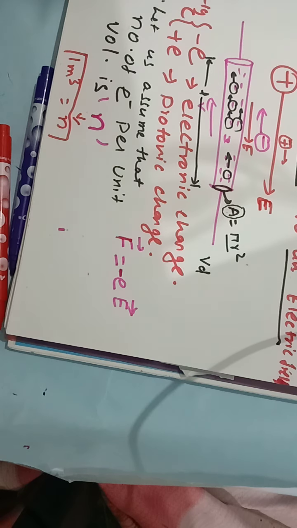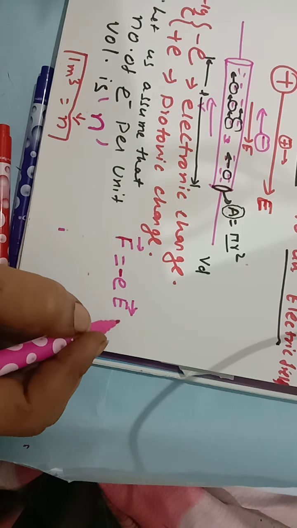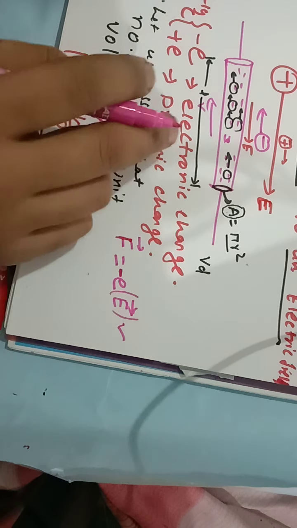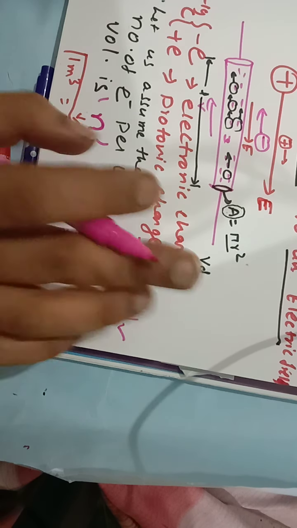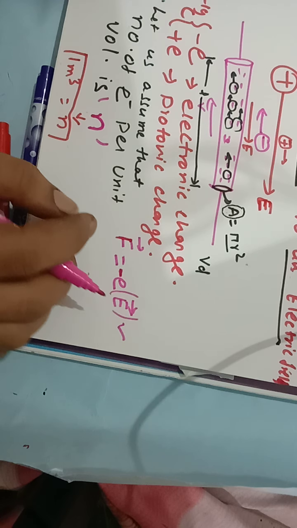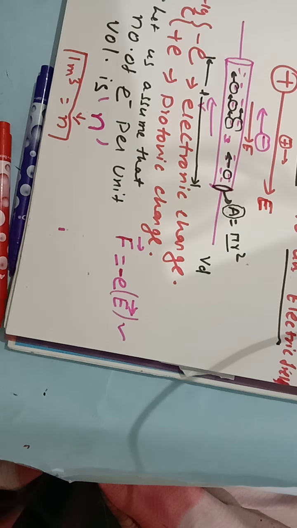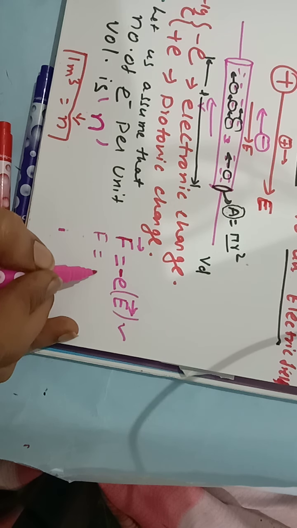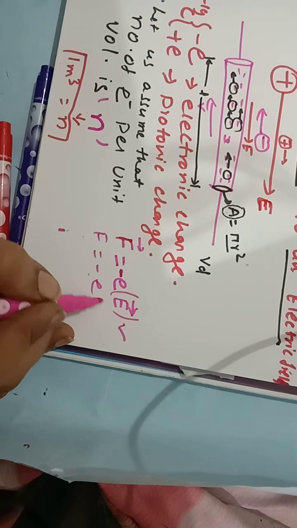Everything is satisfied vectorially. Suppose E is in this direction, then negative of E will be the opposite direction, right? So we can write F equal to minus e into E.